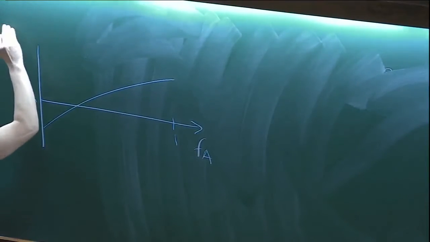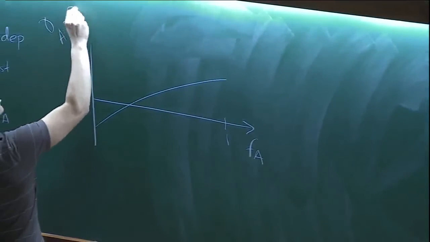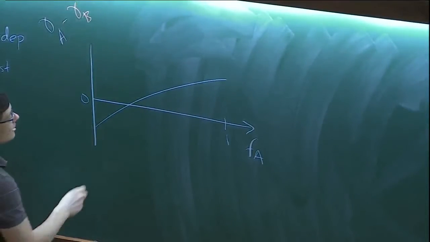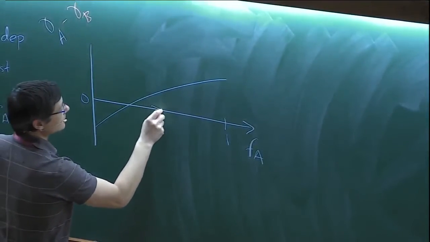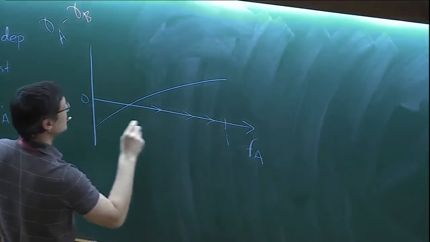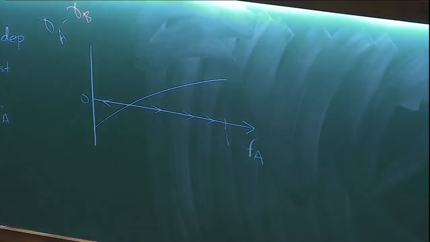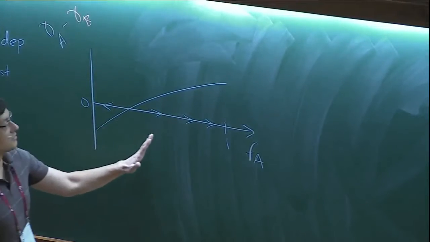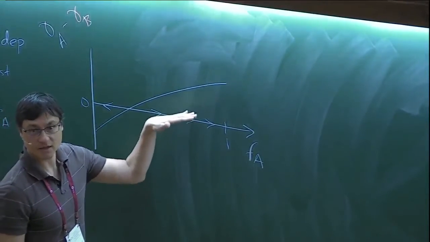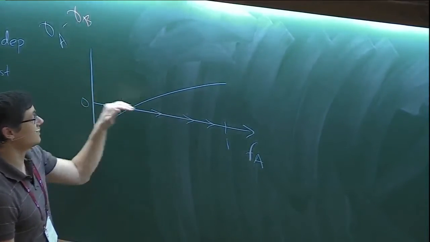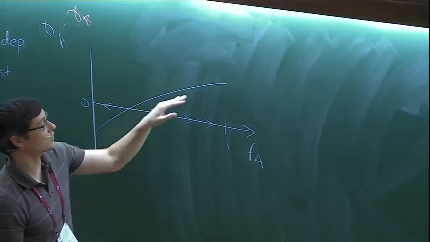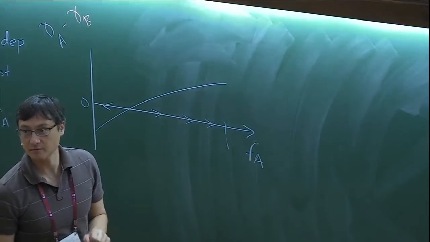This is, again, gamma A minus gamma B. What you see is that this leads to bistability. Right? Because if A is more abundant, it has higher fitness. It's crossing the x-axis, so this actually leads here to bistability.